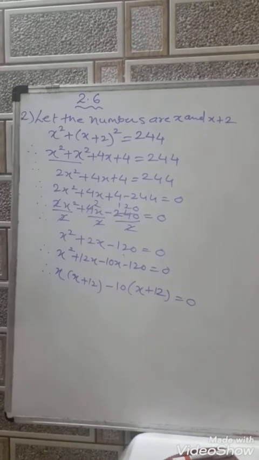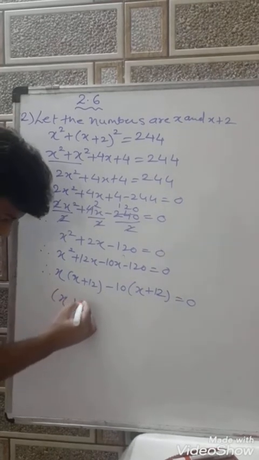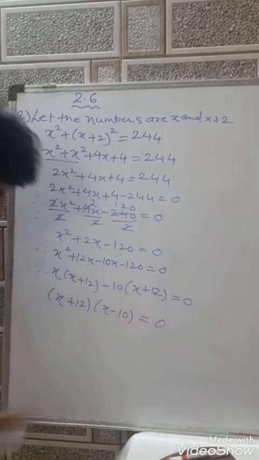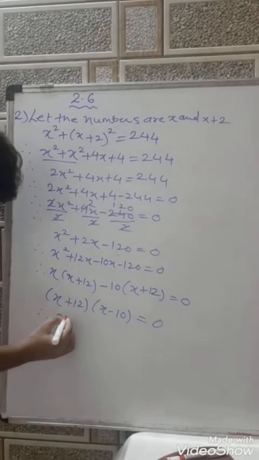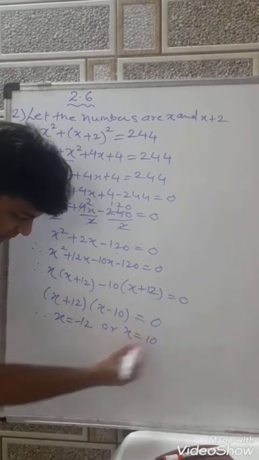That equals 0. Now x plus 12 is a common bracket, and x minus 10 is in the other bracket. So in the end you get x equals minus 12 or x equals 10.